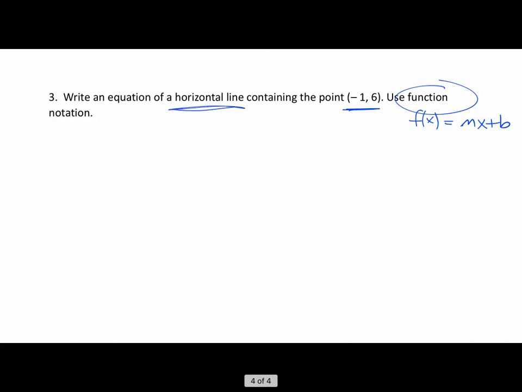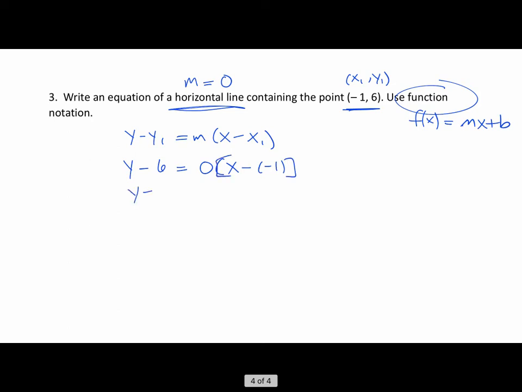What do we know about the slope of a horizontal line? Always 0. Okay, so I've got a slope and I've got a point. Let me just go ahead and put that into the point-slope form. And if you want, you can identify that this is x1, y1 for labeling purposes here. So y minus 6 equals 0 times x minus -1.